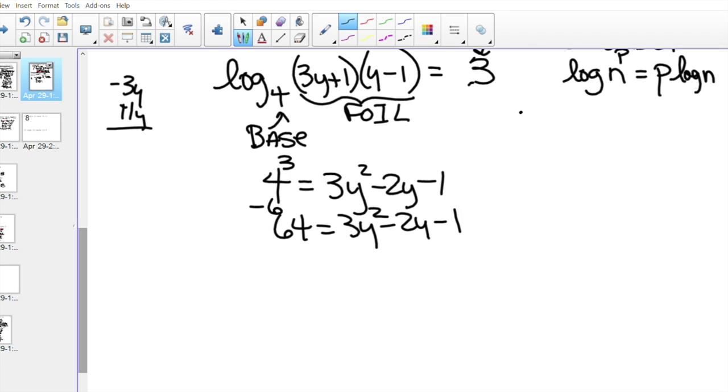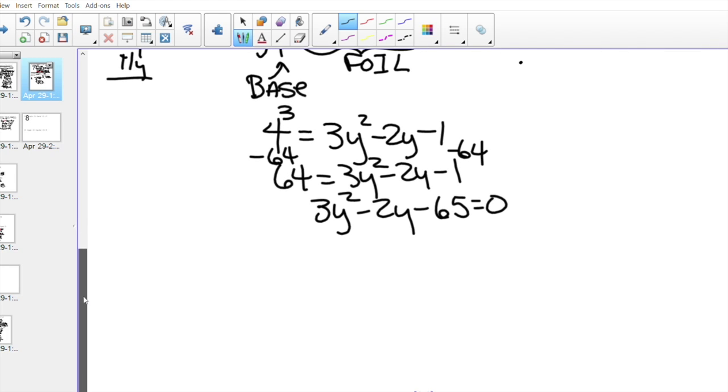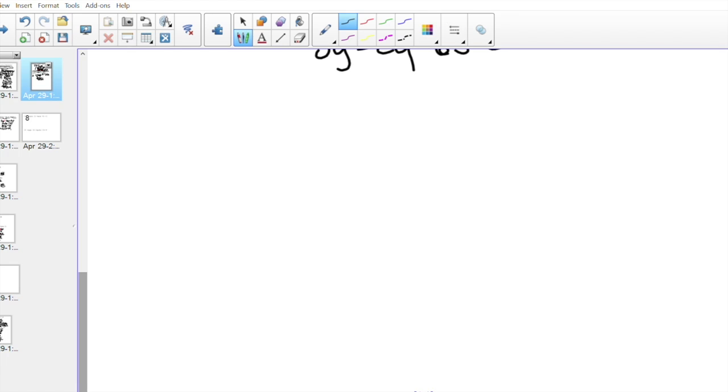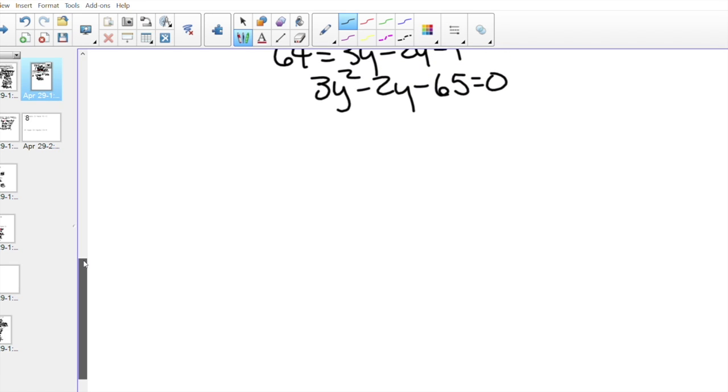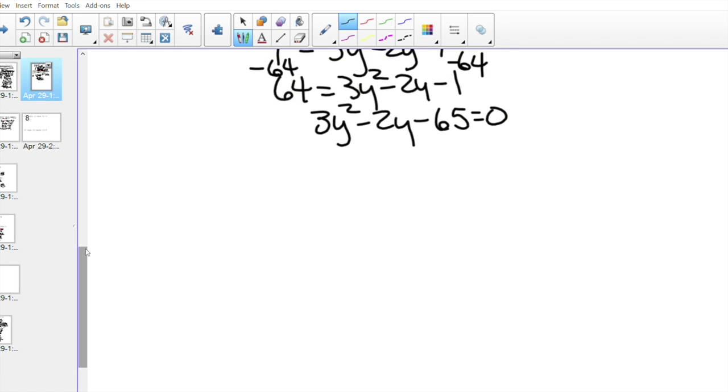Now, a quadratic equation must equal 0: 3y squared minus 2y minus 65. Now, that's a quadratic equation. Everybody knows to factor; trial and error is simple.